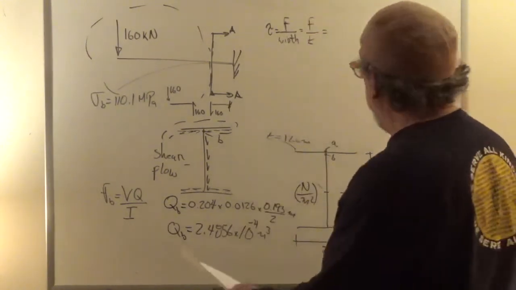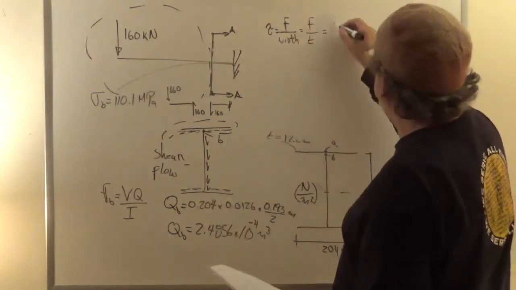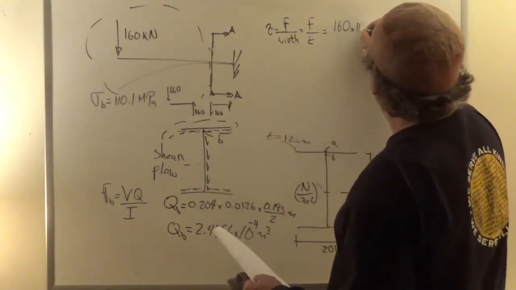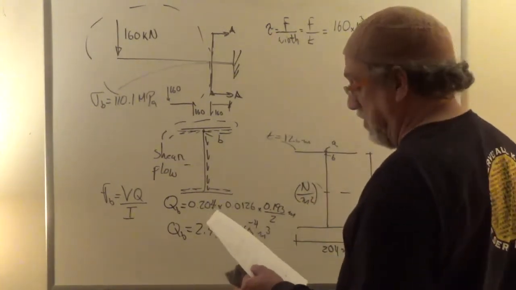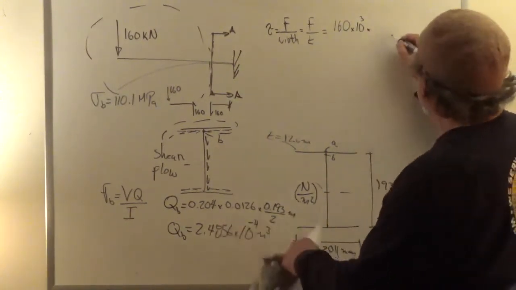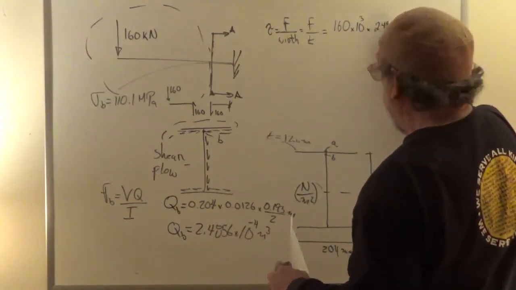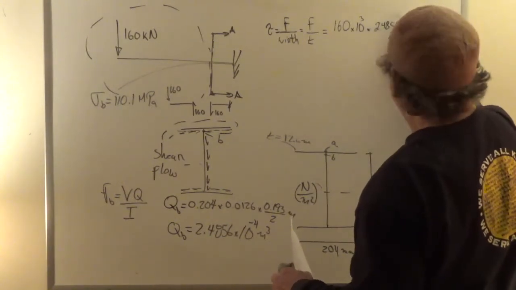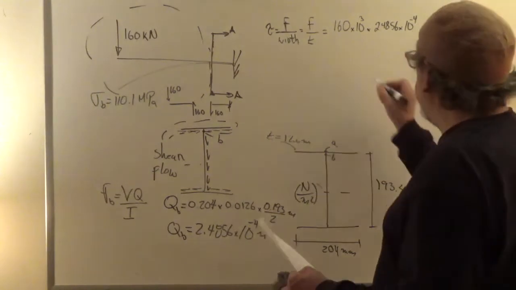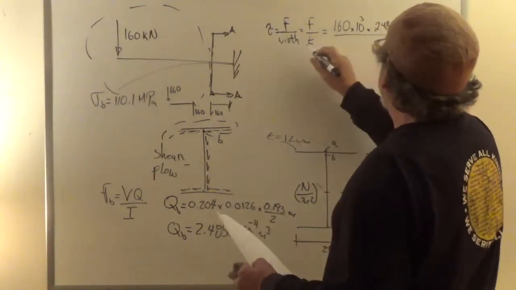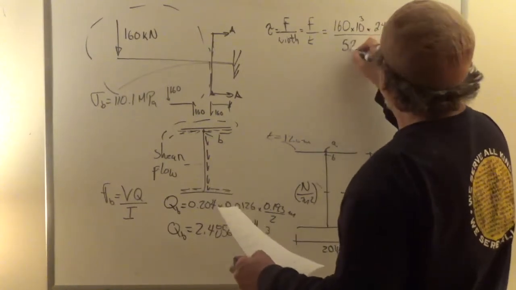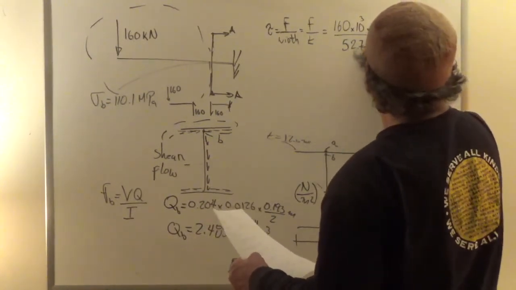So now the shear flow is going to be 160, which is times 3, times 10 to the 3 newtons, right? That's V. Times Q, which is this number, 2.4856 times 10 to the minus 4, divided by I, 52.7 times 10 to the minus 6.